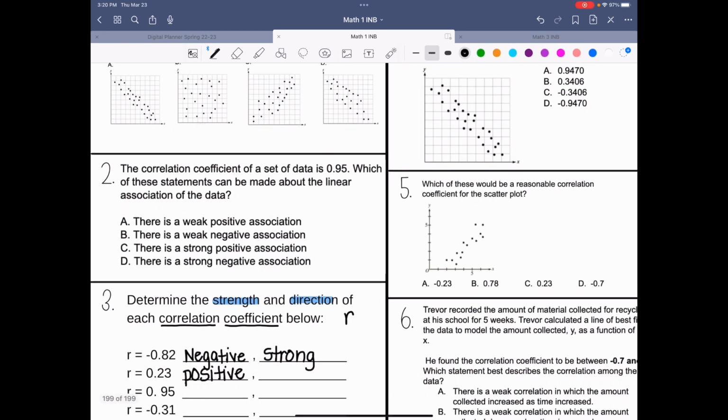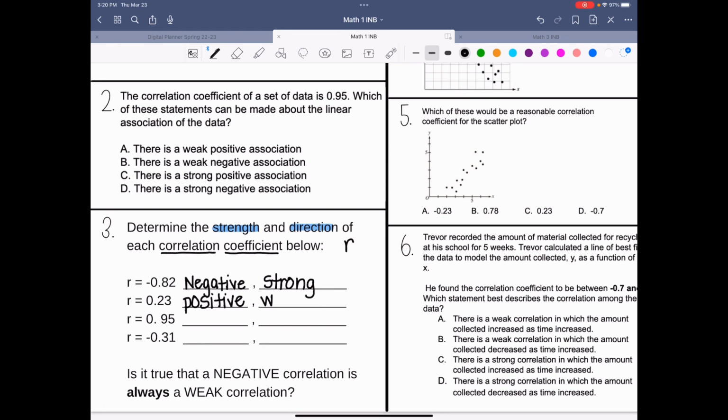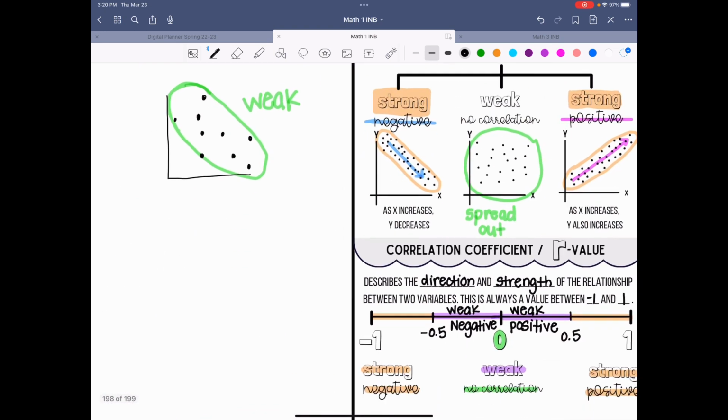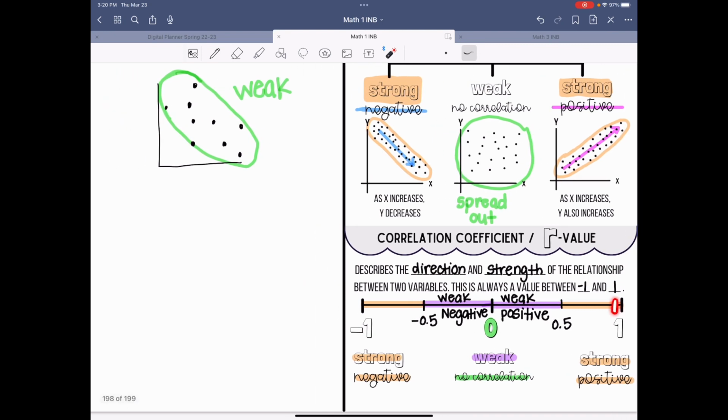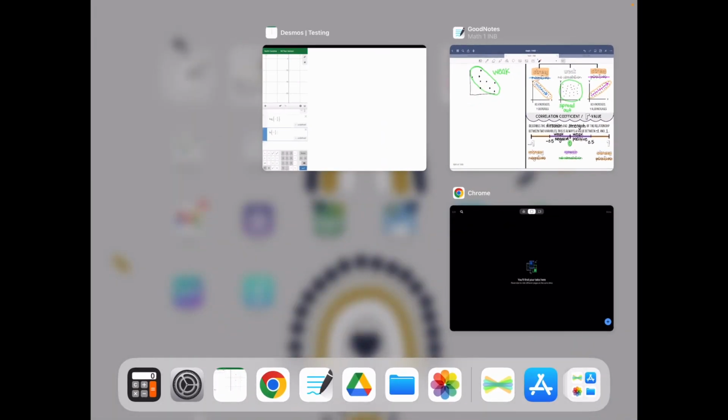So this is going to be positive and weak. All right, then we have 0.95. So again, that's positive. And if I go back to my number line, 0.95 is pretty close to 1. So that's going to be positive and strong.